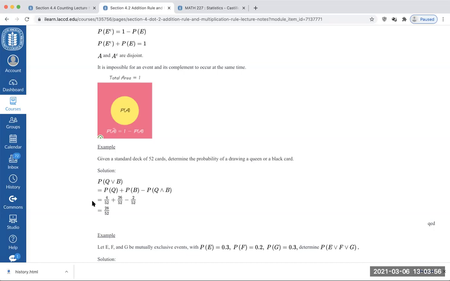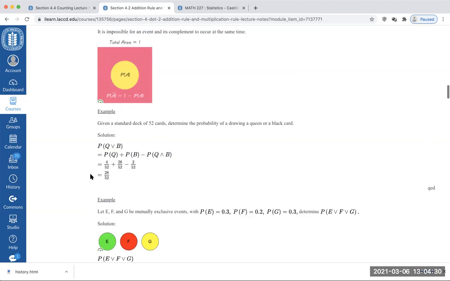Otherwise, you would have been double counting. Notice that I counted the black queens when I was counting queens, and I counted the black queens when I was counting blacks. So you don't want the black queens to be counted twice. So I get rid of those 2 black queens. And so I have 28 out of the 52 are queens or black cards. And so 28 out of 52.